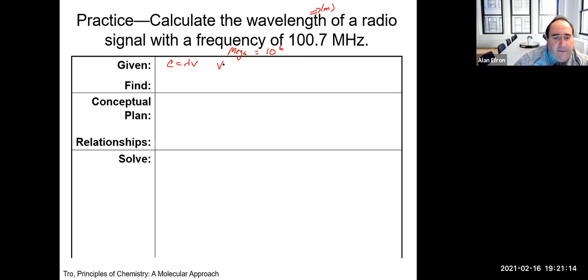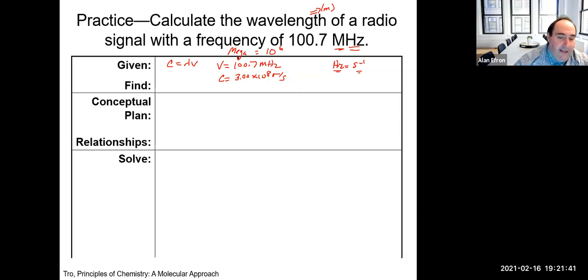We are given the frequency, which is 100.7 megahertz, and we have the speed of light. Remember that a hertz is the same as a reciprocal second, but this is megahertz, so we do want to convert our megahertz into regular hertz.